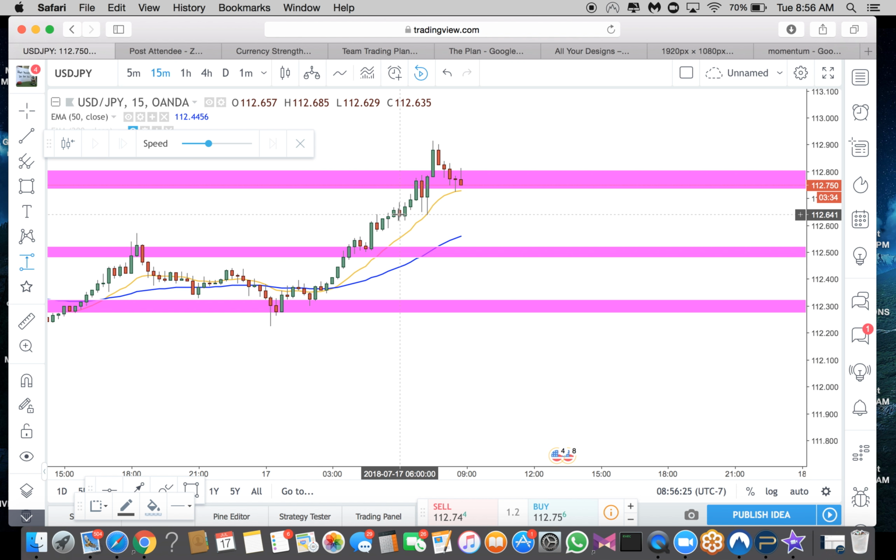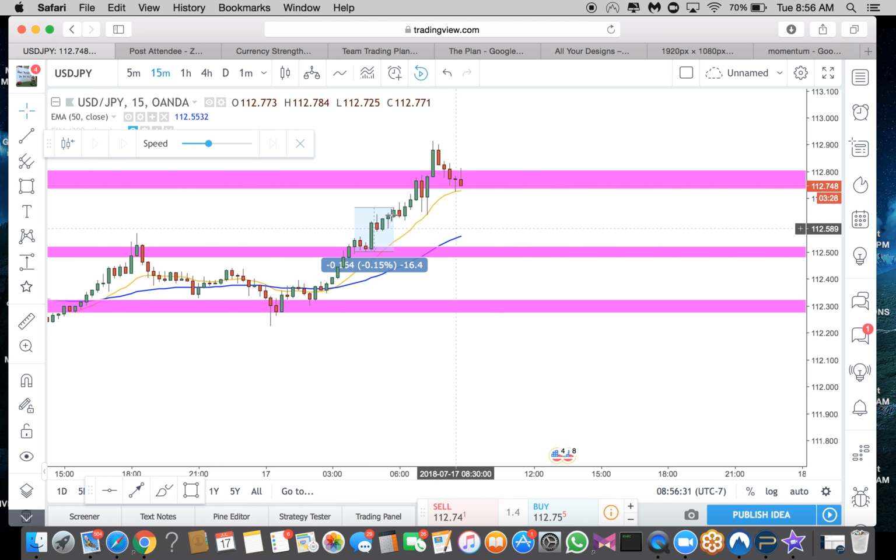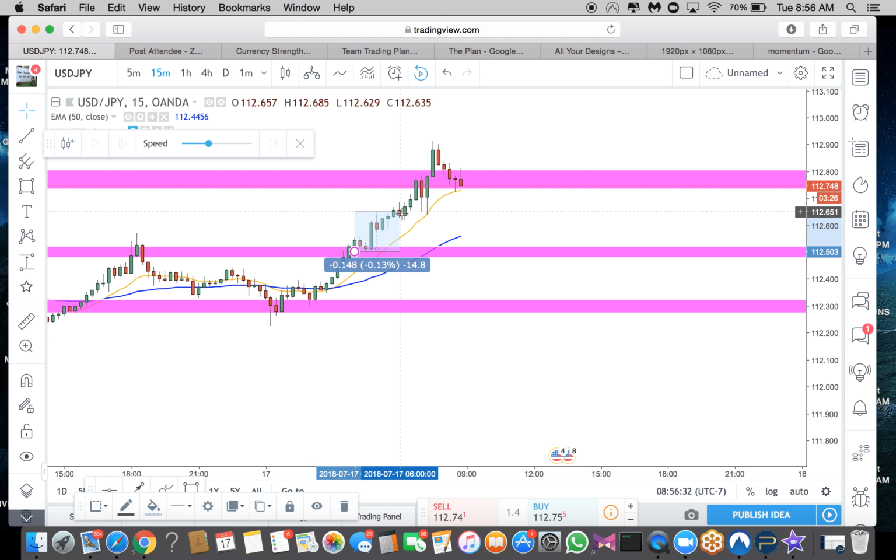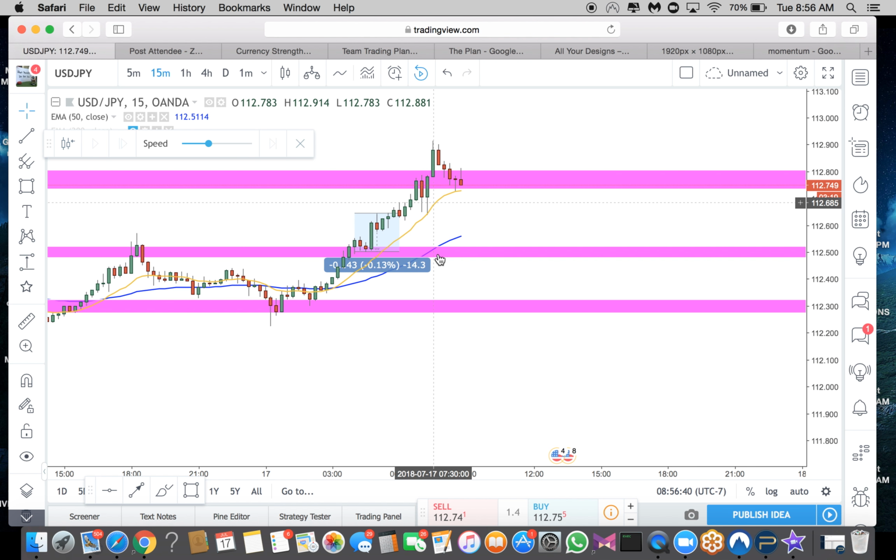So here's 6. My stop loss is going to be around this most recent support. That's just to give it more range to be able to move. Yes, it's 14 pips.